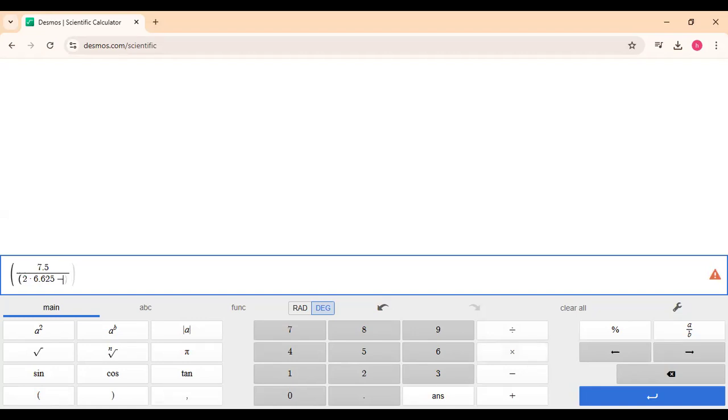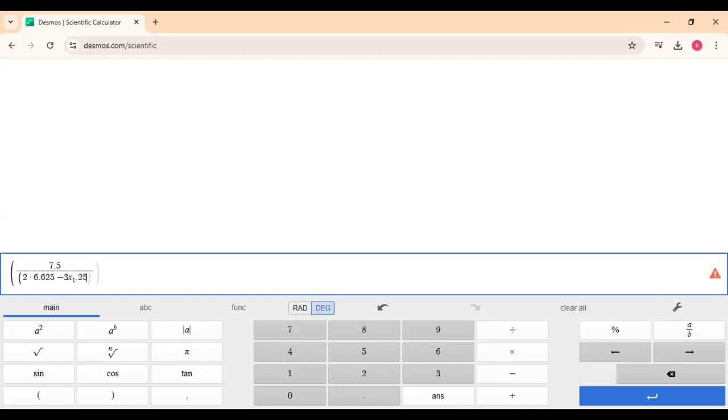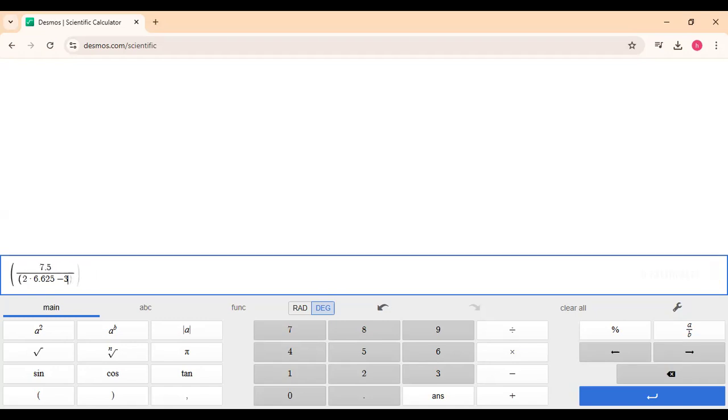The question was 2F minus 3H. So 3 times 1.25. Closing this bracket and then closing this bracket.